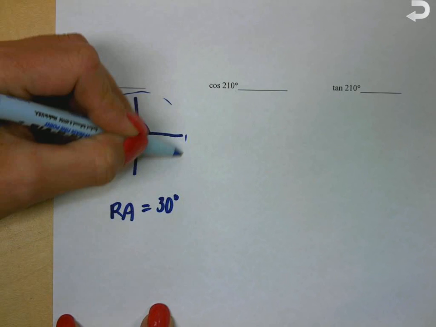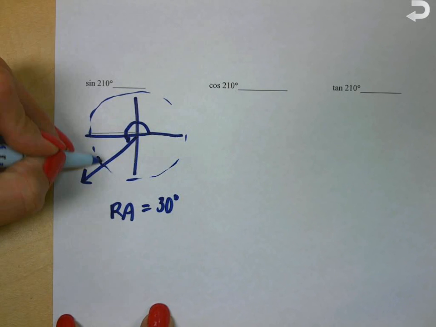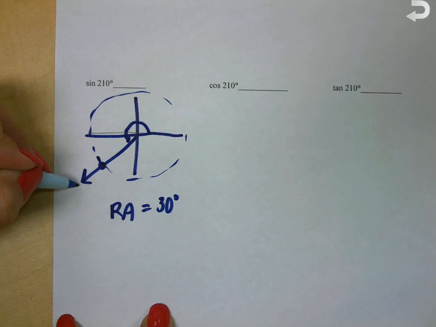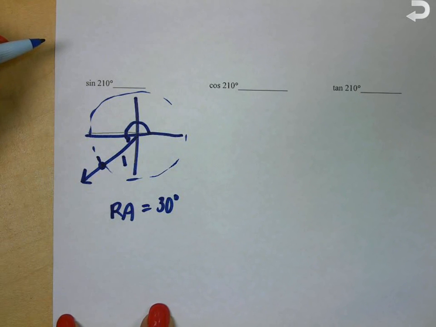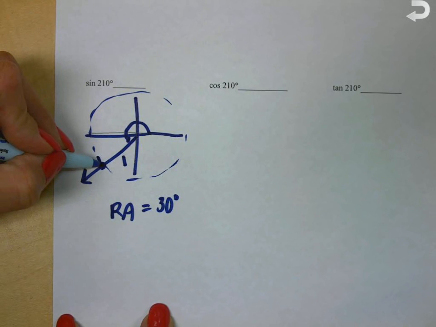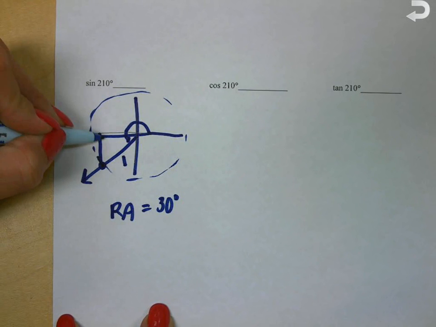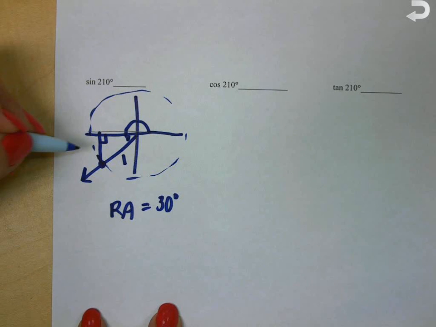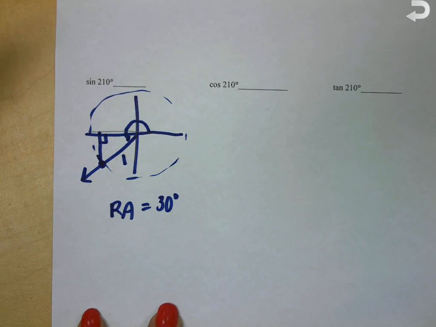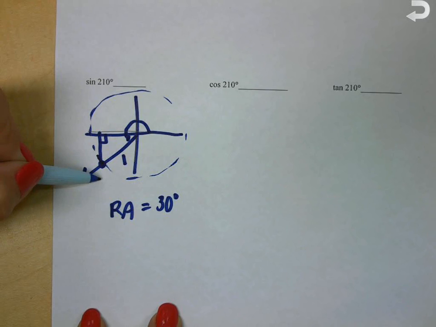Now I want to think of the unit circle as traveling around like so, and that this point on the terminal side of that 210-degree angle is located 1 unit away from the origin. And so now I can plop my little 30-60-90 reference triangle in there. You even made a scale diagram, I believe, in your FS class that you could actually pick up your little 30-60-90 triangle and plop it in position on your unit circle to see the relationship.